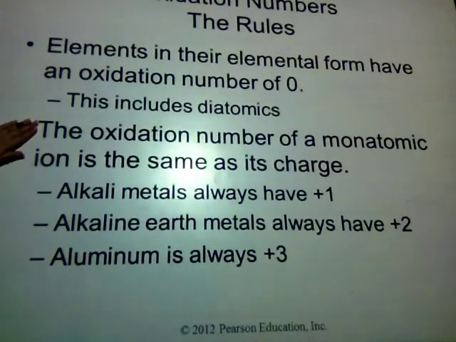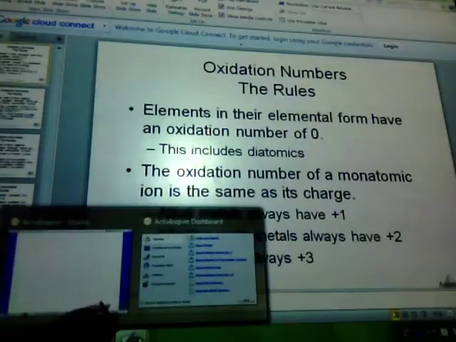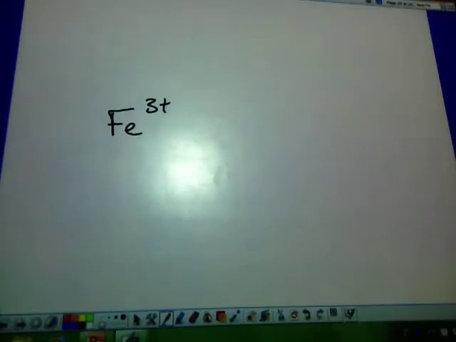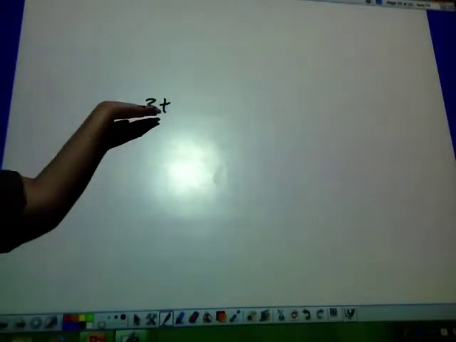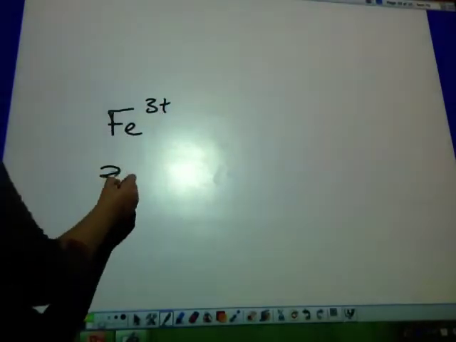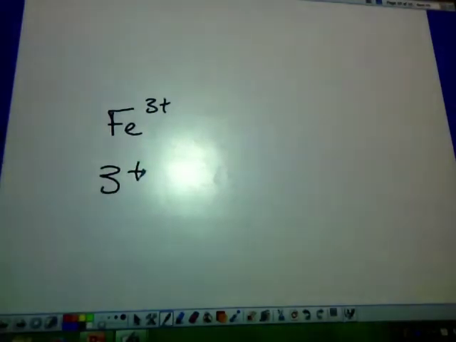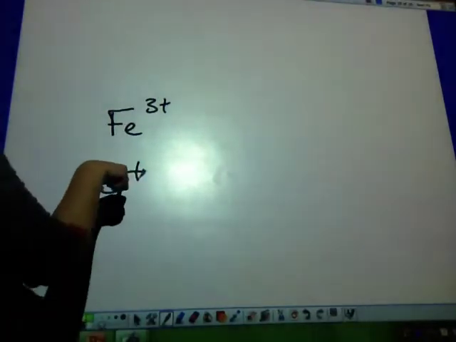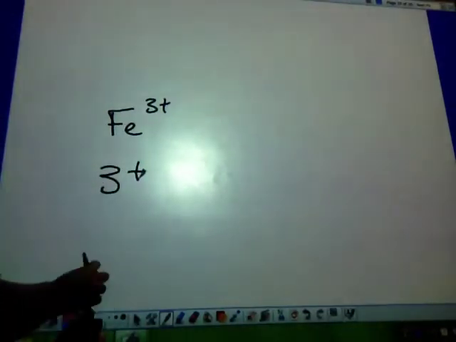The oxidation number of a monatomic ion is just going to be the same as its charge. So if I had Fe3+, the charge of iron is also its oxidation number. So if iron has a 3+ charge here, because it's just all by itself, it's a monatomic ion, its oxidation number is just +3.